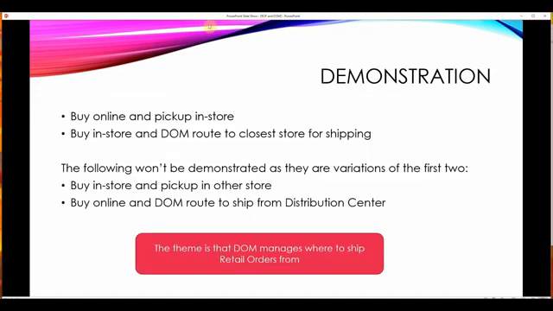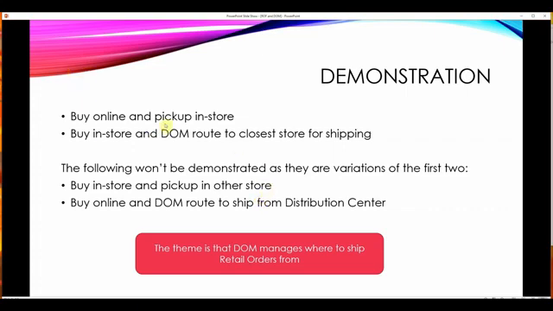So let's get to the demonstration. We'll take a look at buy online and pick up in store, and then we'll look at buy in store, and DOM will route the order to the closest store for shipping. We won't take a look at buy in store and pick up another store, or buy online and DOM route to ship from distribution center, because it's basically the same as these first two.